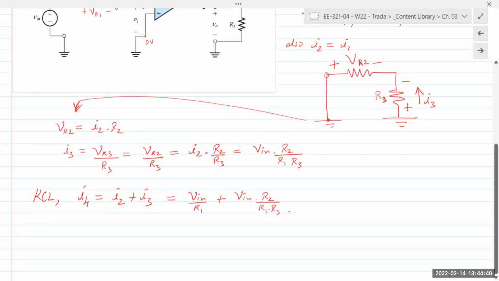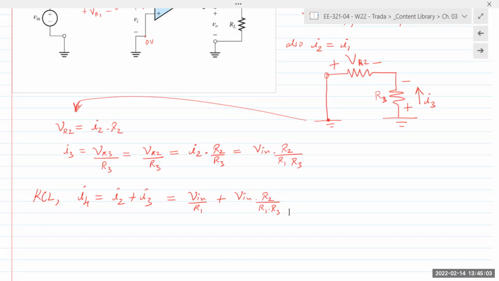Because of the virtual short at the inverting terminal, we can say the inverting terminal is also held at virtual ground. And so that renders R2 in parallel with R3. That's the important part of that concept.